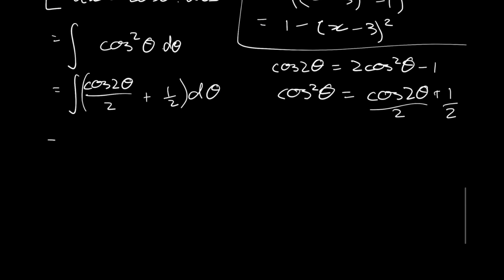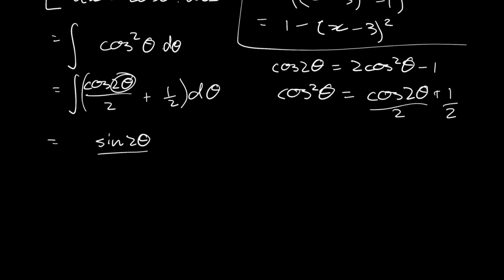Okay, so solving this integral, the integral of cosine is sine. So we have sine, and we keep what's inside, sine of 2 theta, and we have that 2 in the denominator still. Now we have to divide by the derivative of our parameter for cosine, which is 2.